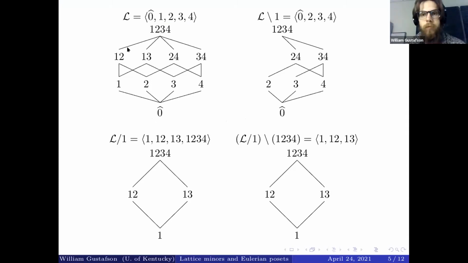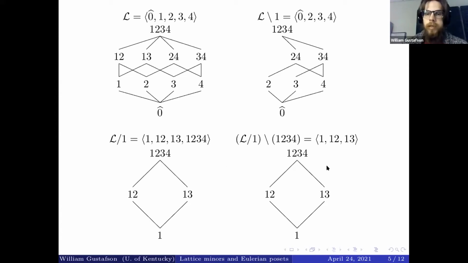Down on the bottom left is what we get when we contract by 1. We get this upper interval, and we get these generators. Remember, we lift up by 1. So from 2, we get 1, 2. From 3, 1, 3. And from 4, we join that with 1 to get 1, 2, 3, 4 as a generator.